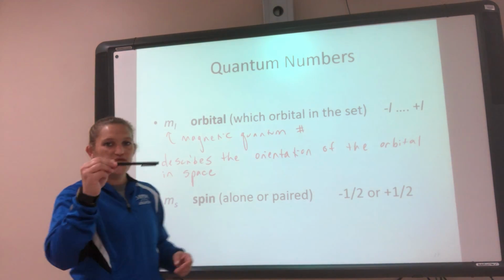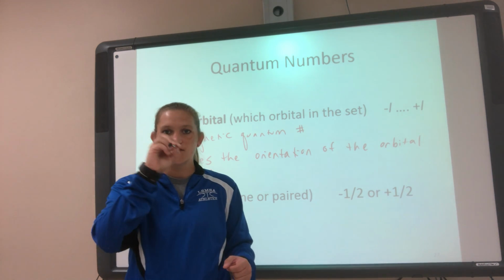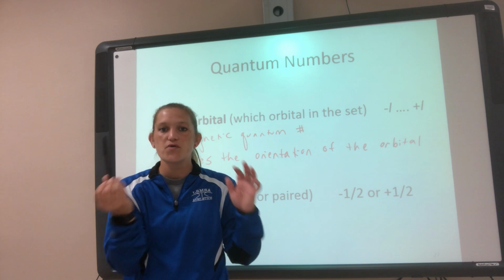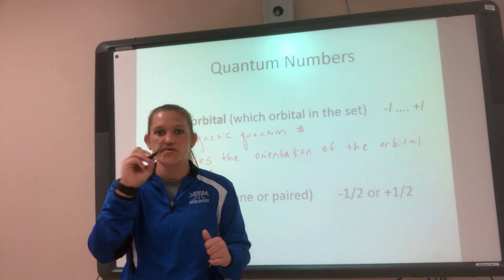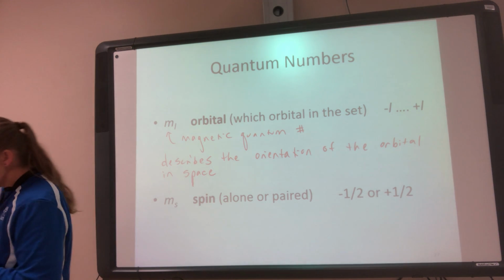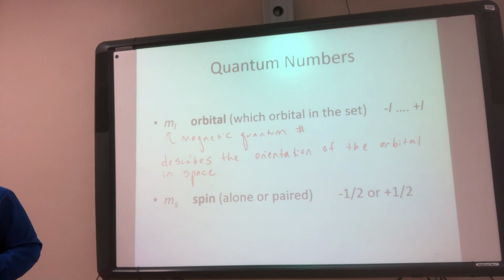You can think about it like, if this were the orbital, is it this way? Is it this way? So what's the orientation of it? We're going to go into these a lot more in depth in the next couple of slides. But that's what is meant by orientation. So ML describes the orientation of the orbital in space.